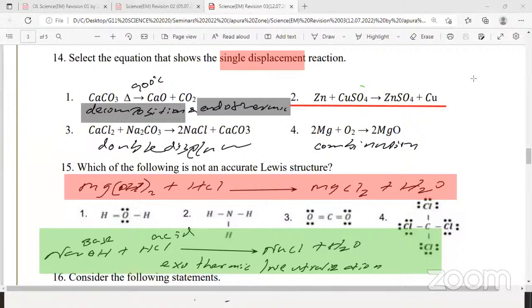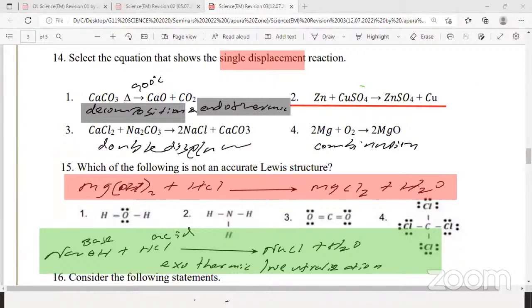Endothermic means heat is absorbed, so the surrounding cools down. Heat is lost from the surrounding. In exothermic reactions, heat is released from the system, from the test tube. You will learn this in detail under grade 11 chapter 8, but this is very important, introduced to the new syllabus, as I wanted to combine this also.